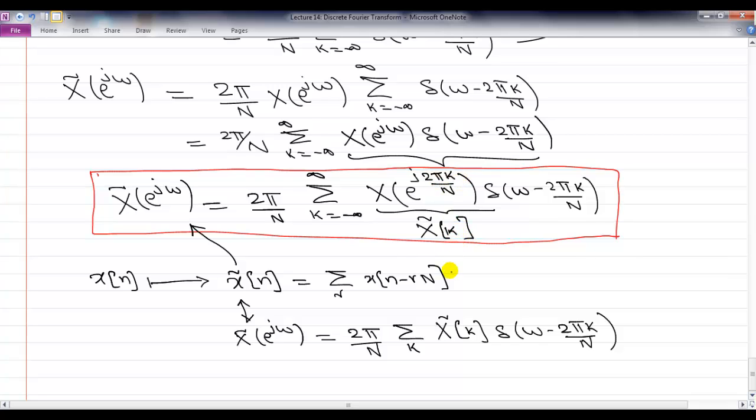This means that the discrete Fourier series coefficients of my periodic sequence have to be these things, X of e to the j 2 pi k over N. Okay?